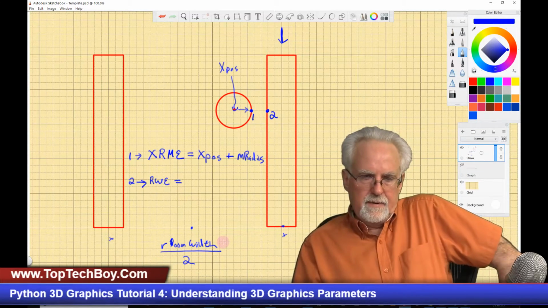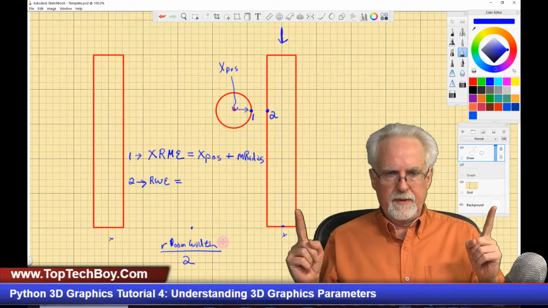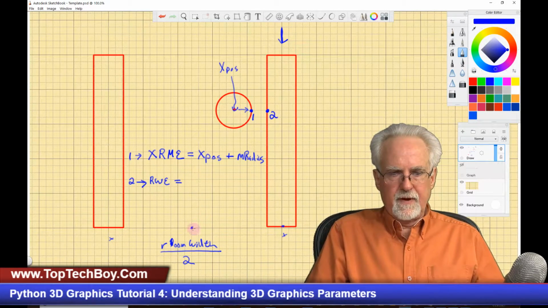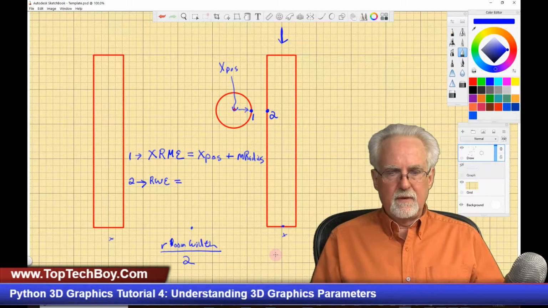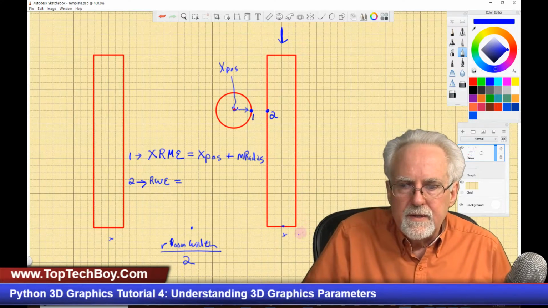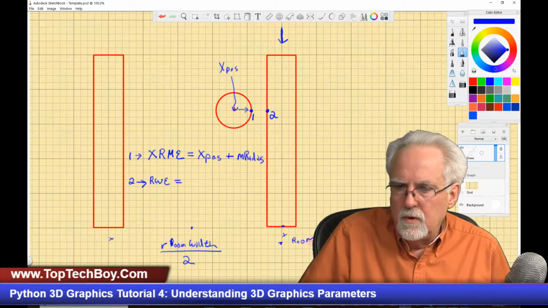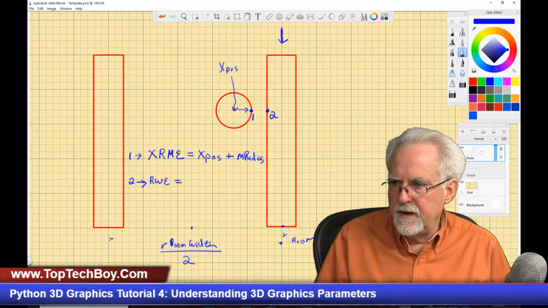Now let's think about that. That is room width, the whole width. And then if I go from the center over to here, that would be the room width divided by 2. And so what is this position? I'm going to get further out of your way.